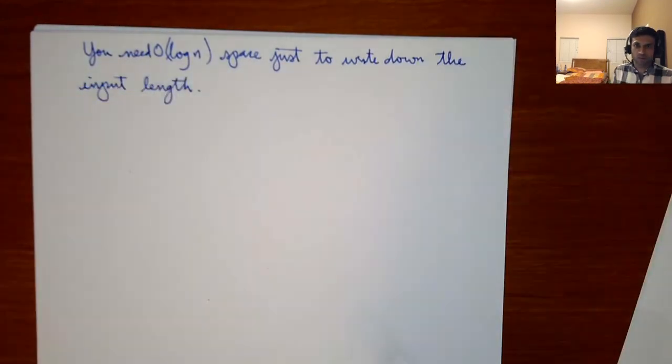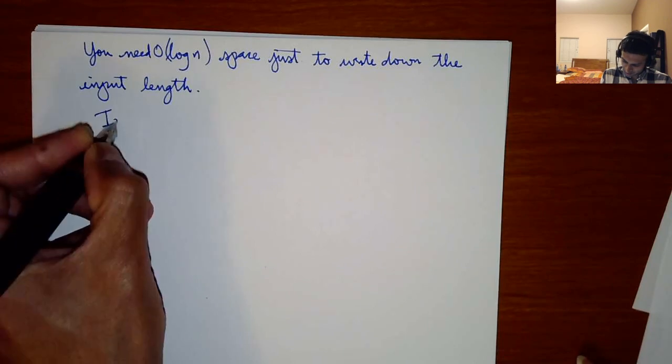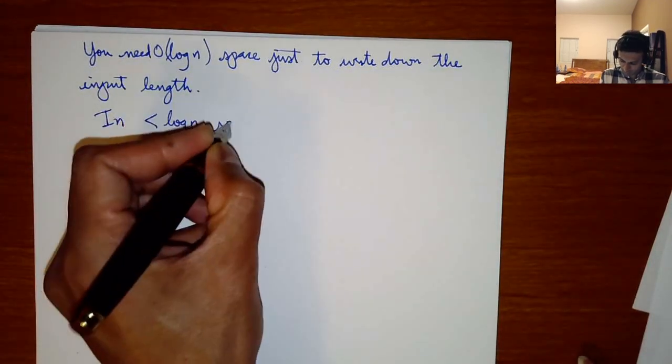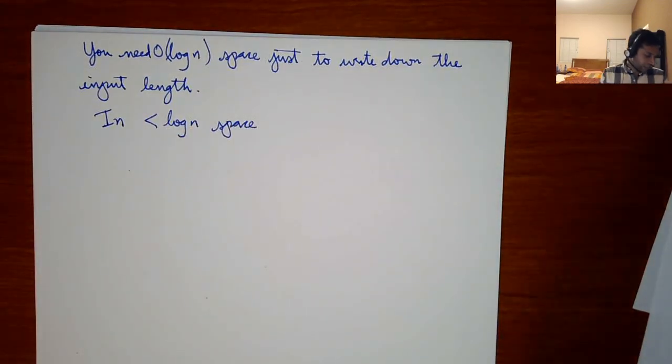If you just wanted to write down what the length of the input was, you need log n space. And so in less than log n space, one isn't able to do much in this standard model.